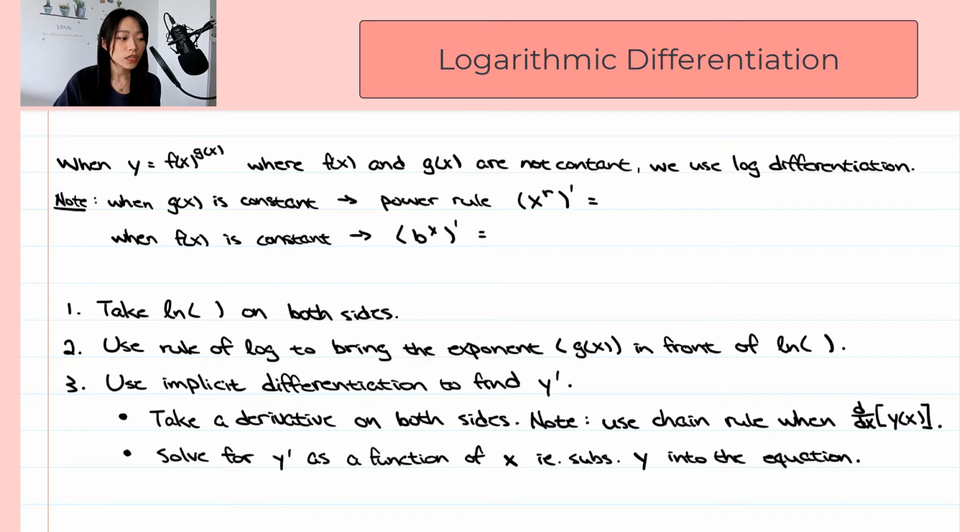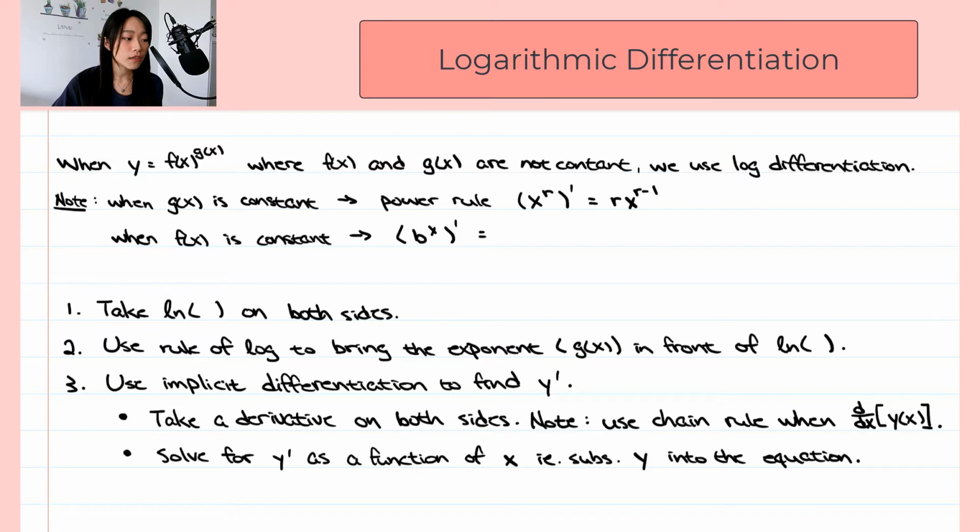A quick note: you only use it when both f of x and g of x are not constant. If g of x is constant, then you can use the power rule, x to the power of r, where r is a constant, and its derivative is r times x to the power of r minus 1.